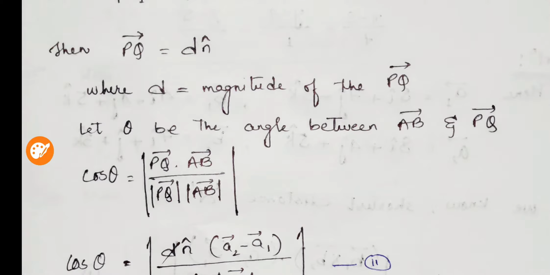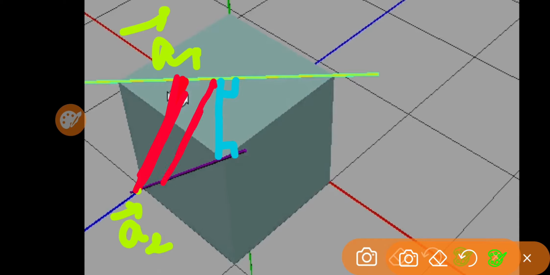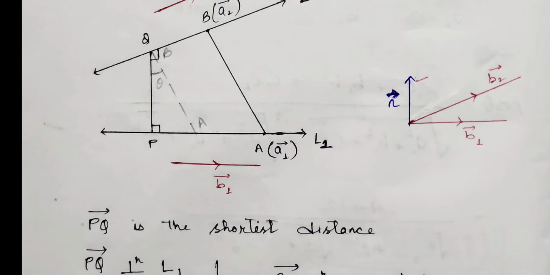Now look at this. If I shift this line, because this is a vector and a vector can be moved anywhere in space, this will form a triangle, isn't it? So I'll be making that triangle here. You see that AB is this.